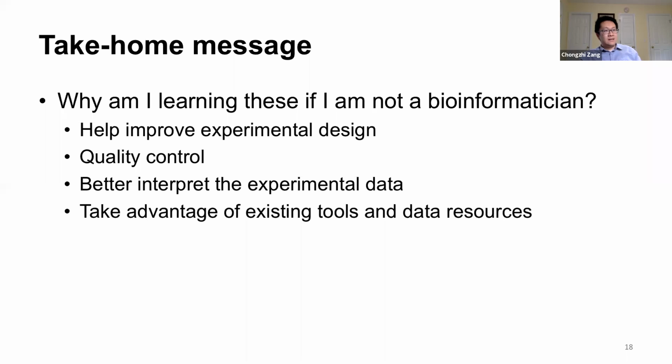In that case, if you know several details of the data analysis, you may be able to ask them what part of the quality tells them that the data didn't work. For example, if the FRiP score is extremely low and you have very few peaks called from the data, you may want to go back and check whether the ChIP experiment works well.